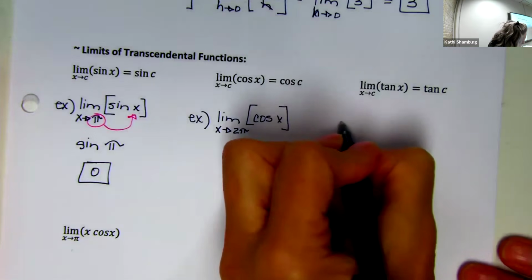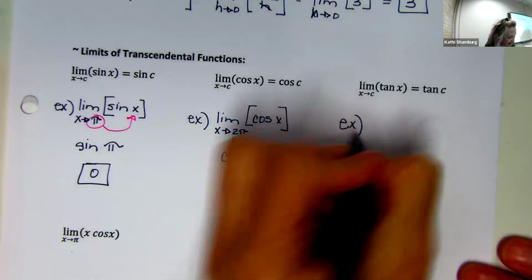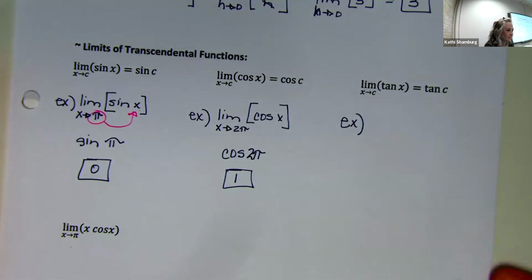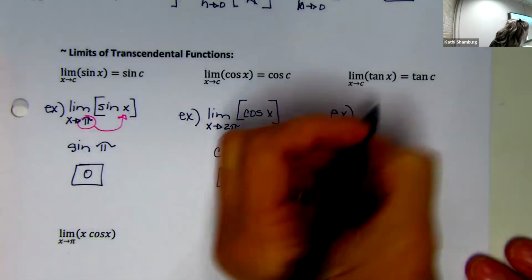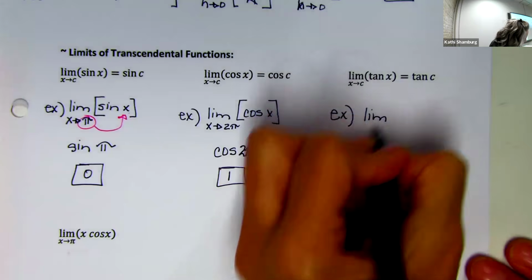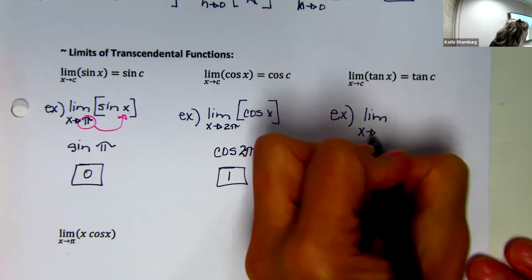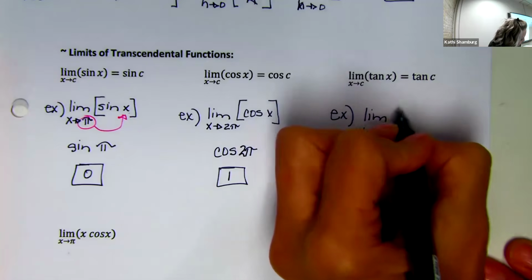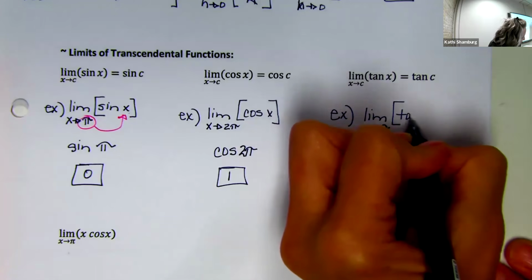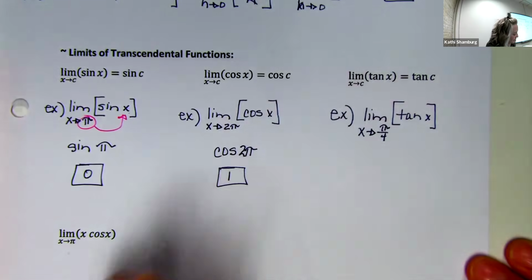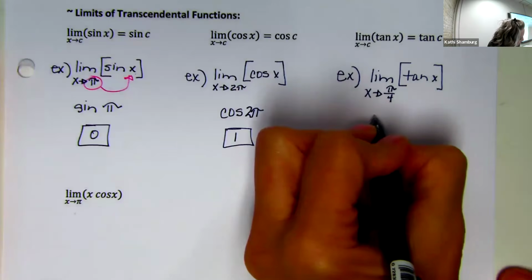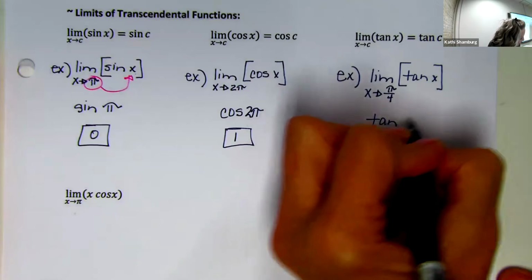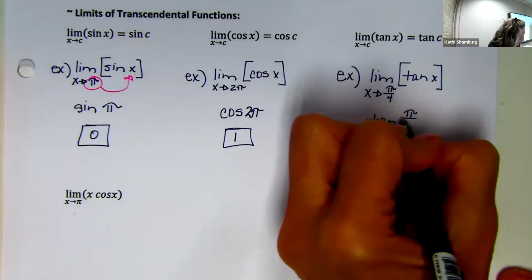Then, though, we have tangent. So the limit as x, say, approaches pi over 4 of tan x, direct substitute. So this would be tangent of pi over 4.